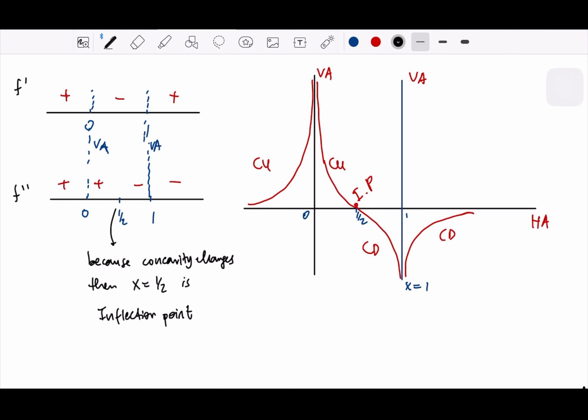Okay, I think for another curve example, I can give you as an exercise. As an exercise, I will continue this chapter 4 with another section. It's the indeterminate forms and L'Hopital's rule. Okay?